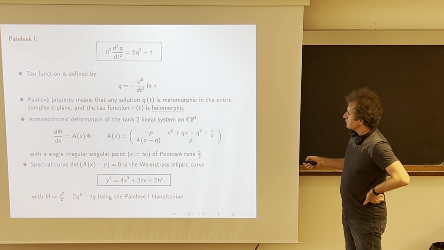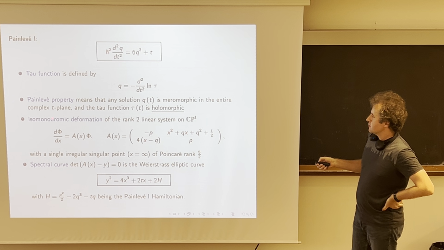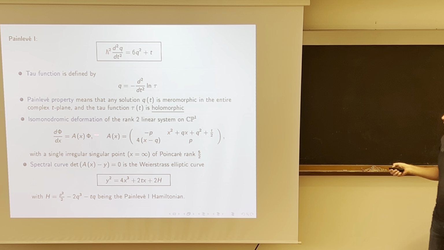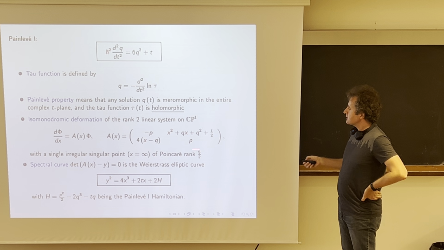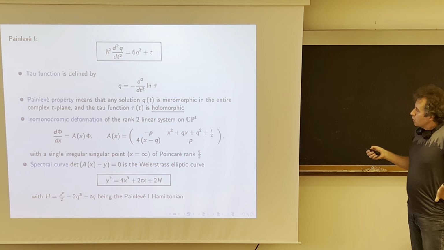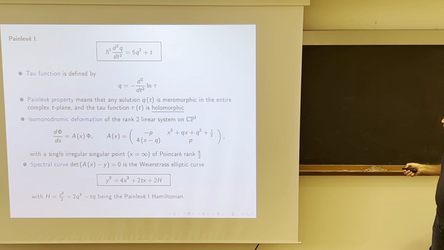Now, the second important fact about this equation is that it comes from isomonodromic deformations of a certain rank 2 linear system on the Riemann sphere. So the system is here. What is important to notice here is that you have a third order pole at infinity, which corresponds to this x squared here.